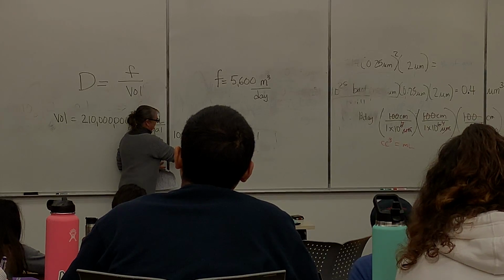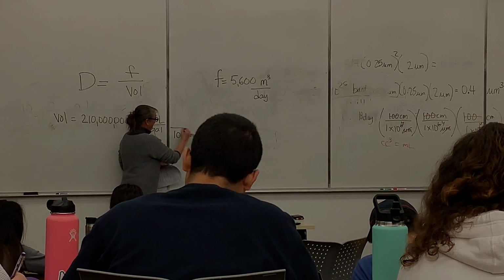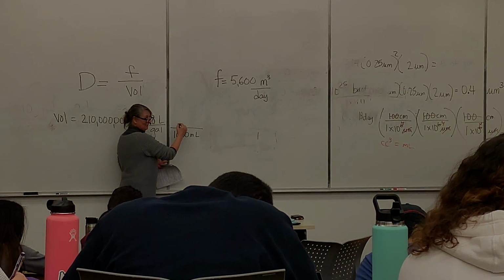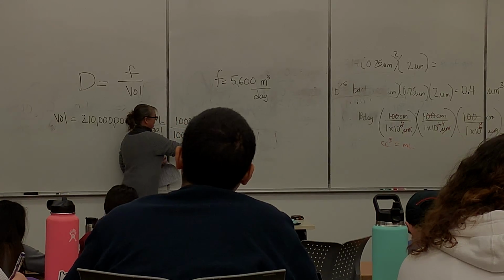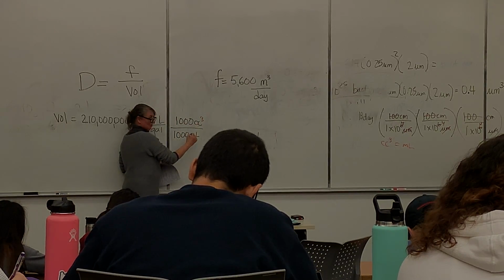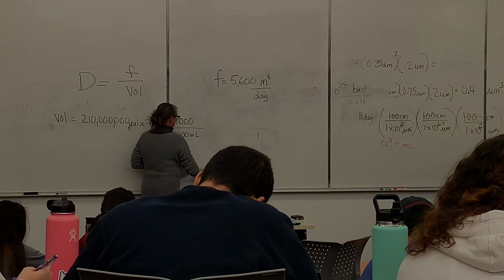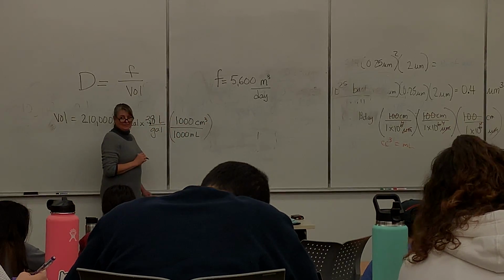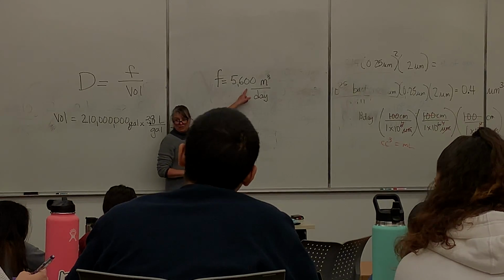Okay, so we can say that 1,000 milliliters, which is a liter, is 1,000 cubic centimeters, or centimeters cubed. In meters cubed per day.